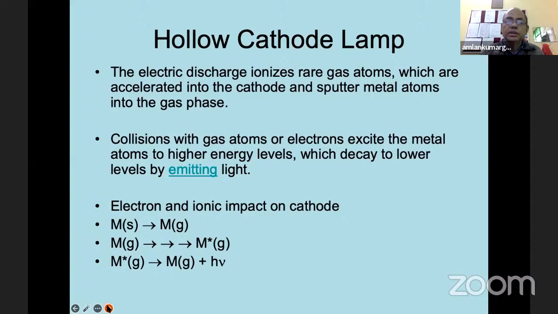When they are hit, they become excited, go back to the ground state and give out radiation, which is the specific resonance wavelength of that metal M. So M will have a specific resonance wavelength, hc by lambda, specific to M. That is why for each element you need to change the lamp, because this value is different for different elements. That is why it is called specific resonance wavelength.